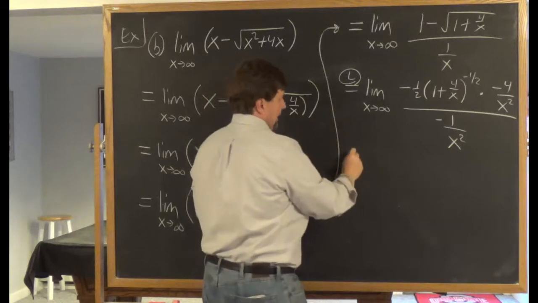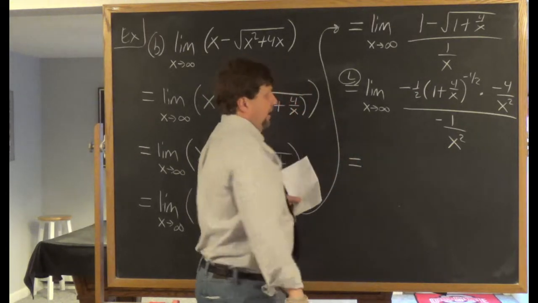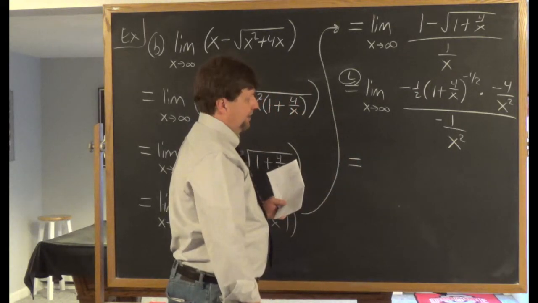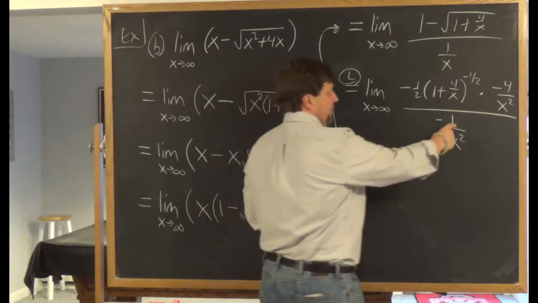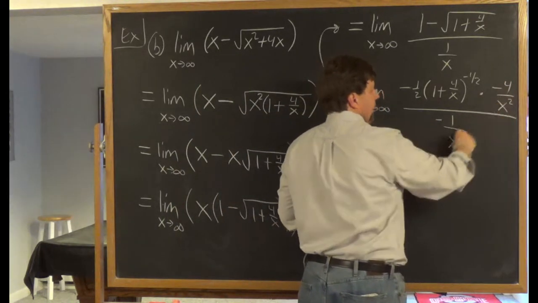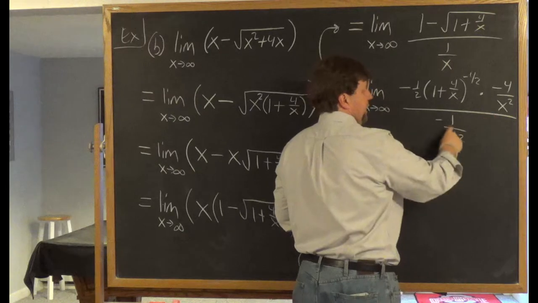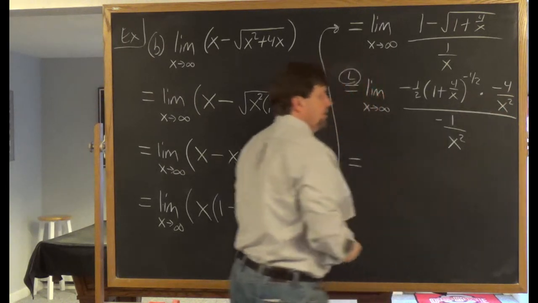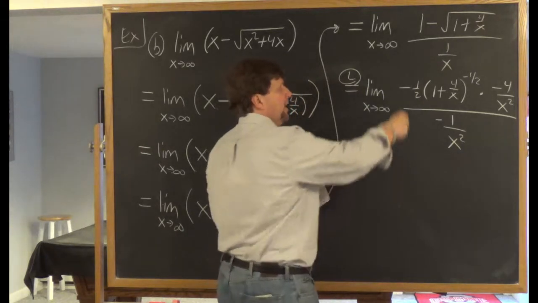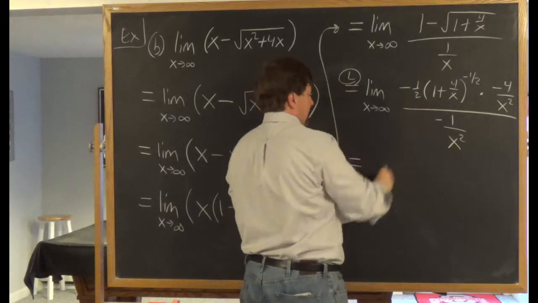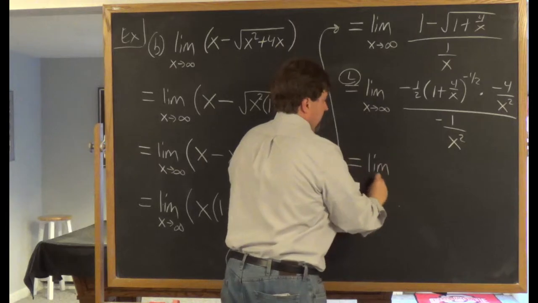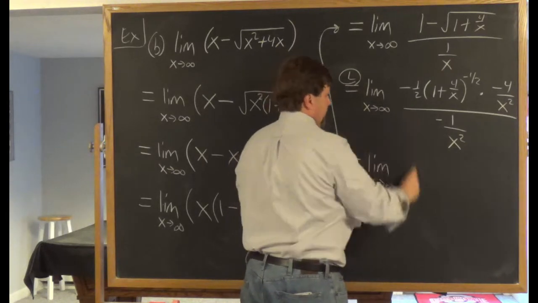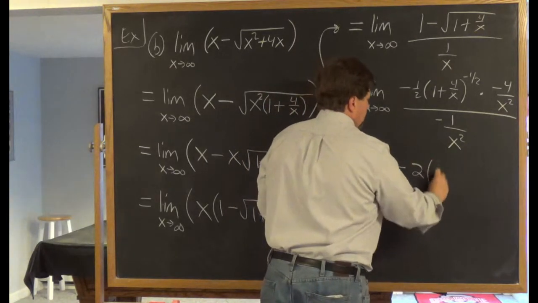And boy, if I clean up here, let's see, we got a lot of craziness going on. First off, I know negative 4 over x squared divided by negative 1 over x squared is going to simplify to just a positive 4. So positive 4 times negative 1/2, that's a negative 2.